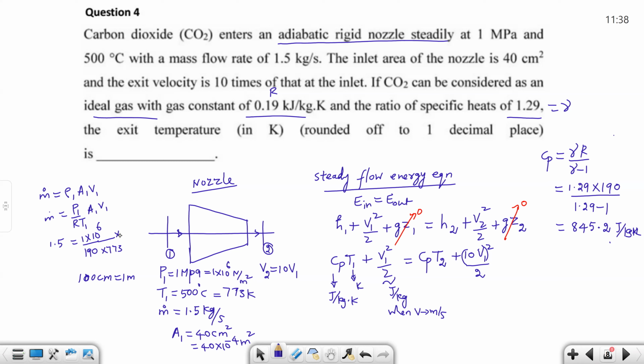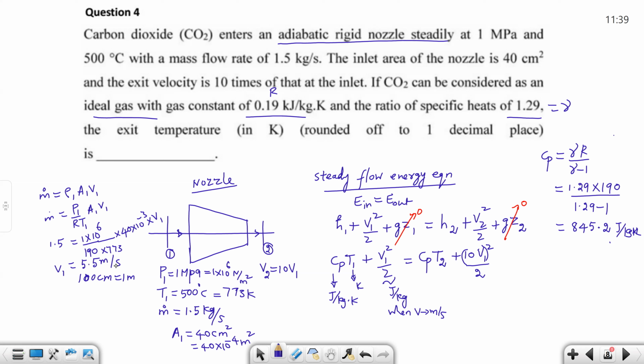Area is in meter squared, 40 into 10 power minus 3, into V1. So we get V1 as 5.5 meter per second.